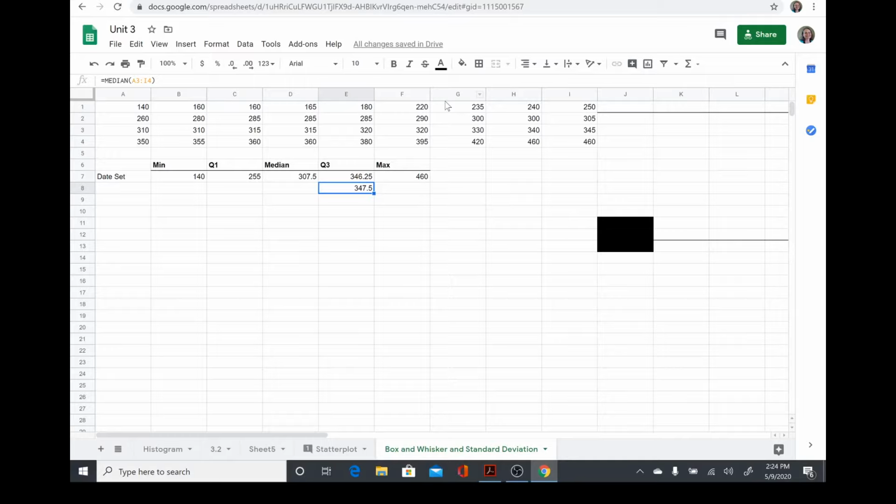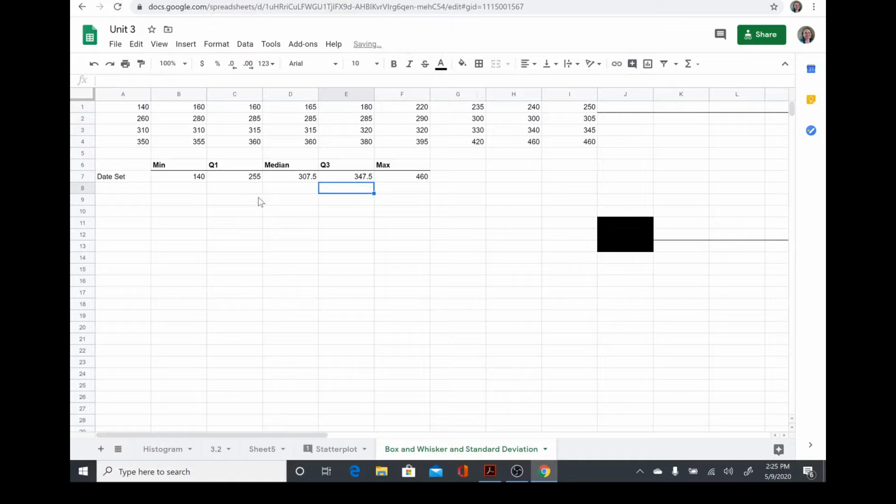So depending on what technology you use, you will get slightly different answers, and depending on what class you're in. So for us, in this class, we're going to do the method that I've described, which is finding that middle number. So the middle number is the 347.5. So be careful using that quartile.